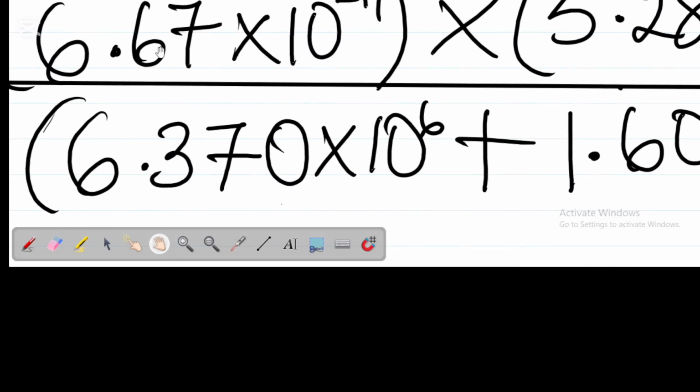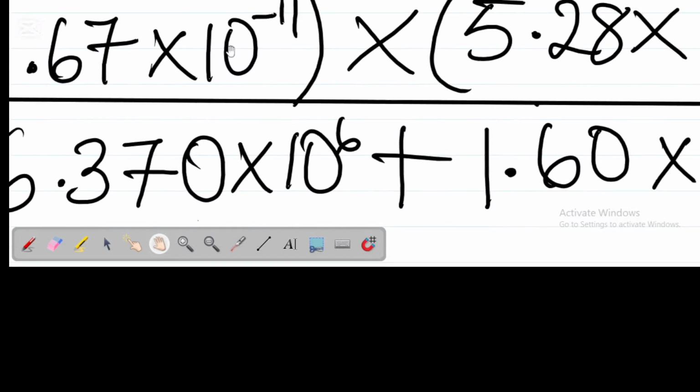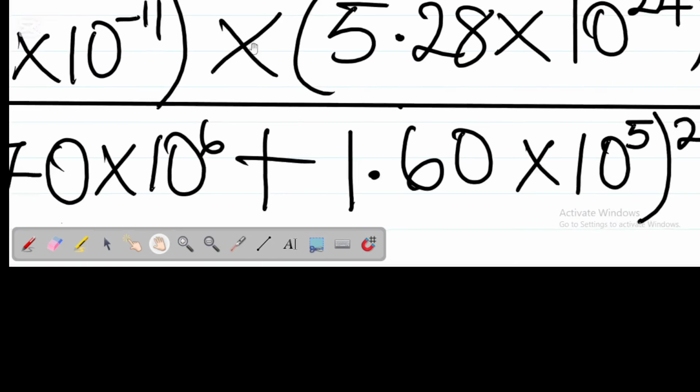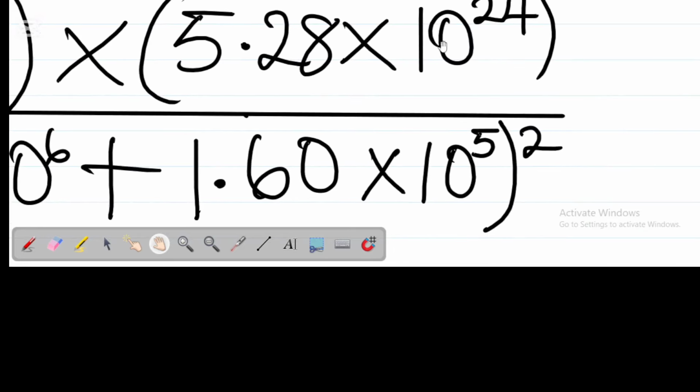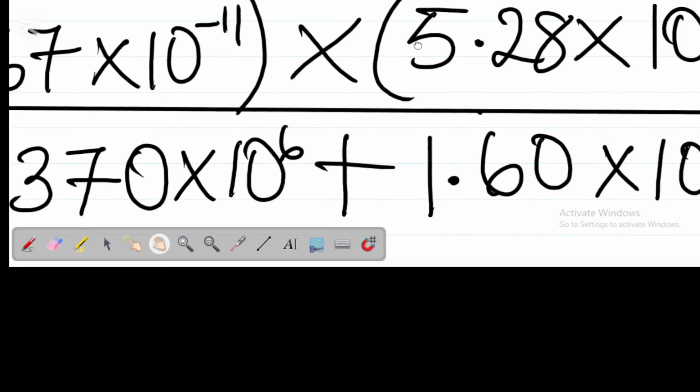All right, so 6.67 multiplied by 10 raised to power negative 11 multiplied by 5.28 multiplied by 10 raised to power 24.